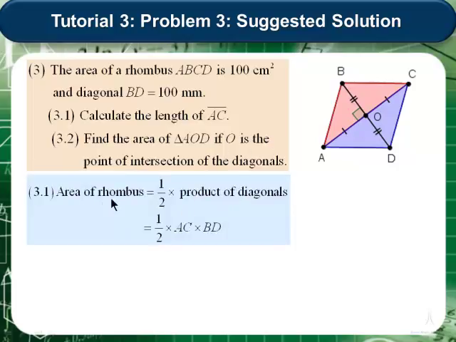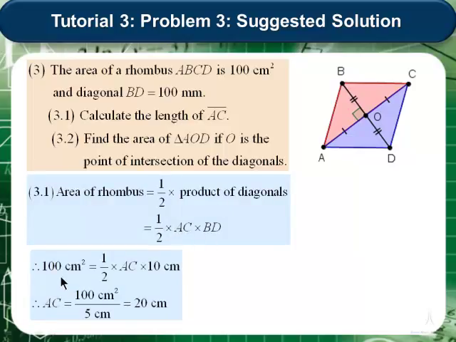Now we know that the area of a rhombus is half the product of the diagonals, which is half AC times BD. We know the area of the rhombus, we know BD, so therefore we can calculate AC, and we see that that is 20 centimeters. Now to find the area of the smaller triangle AOD, we make a couple of observations.